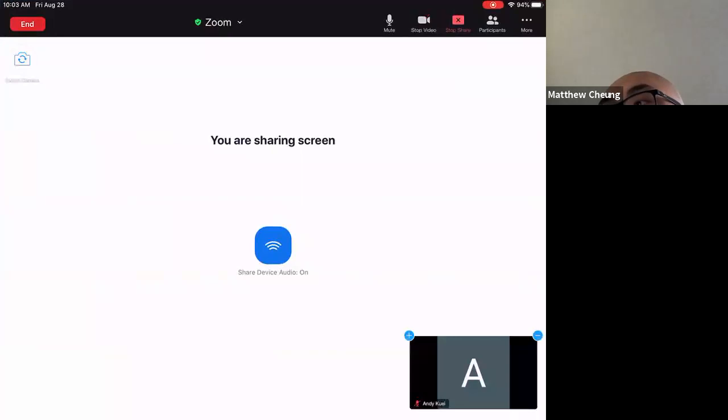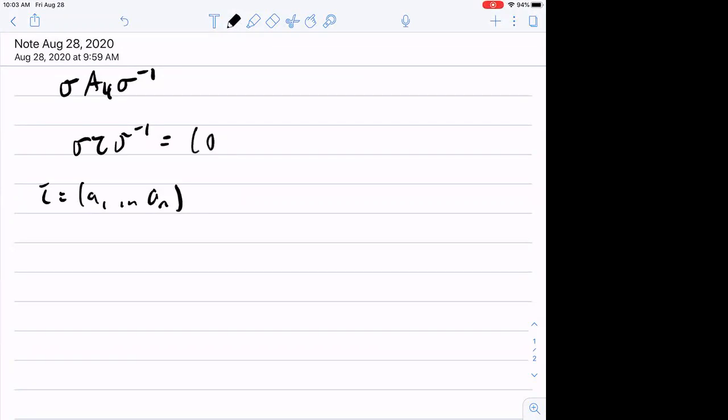In this case, instead of G, I'm gonna use sigma. Sigma A4 sigma inverse. You prove the theorem that says sigma tau sigma inverse, if tau is (a1 ... an), is (sigma of a1 ... sigma of an), right?